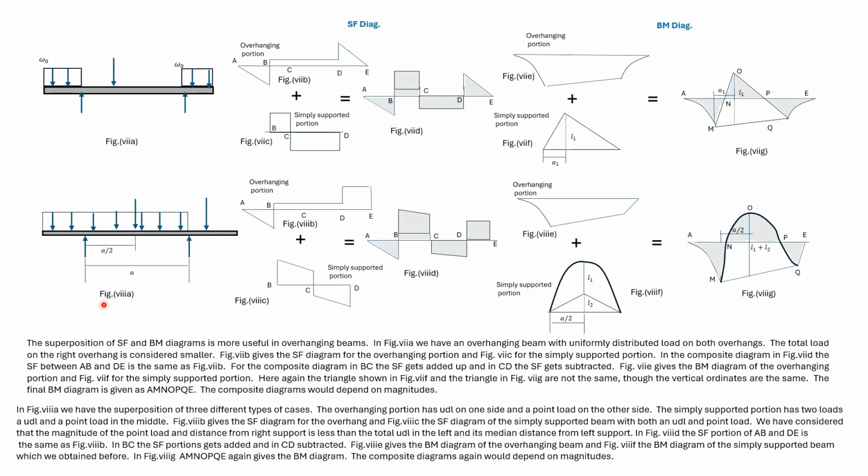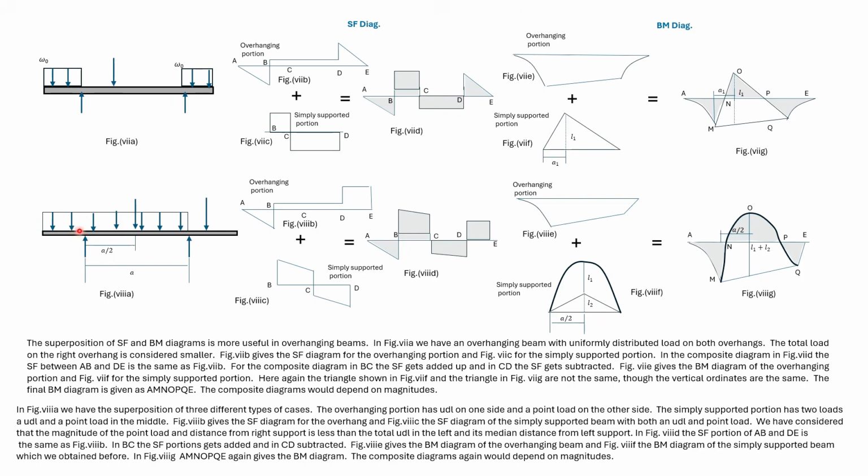Now consider this overhanging beam. It has a UDL in the left overhang and a point load in the right overhang. The central simply supported portion has a UDL acting and a point load acting at half the distance.